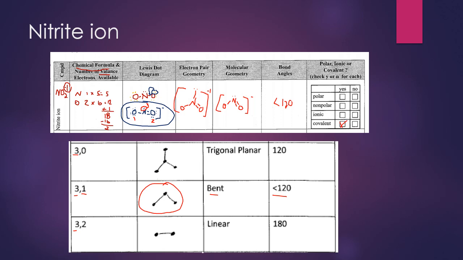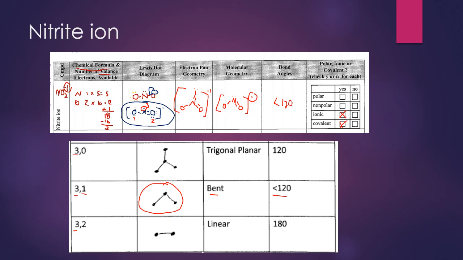The bond between nitrogen and oxygen is a covalent bond. But I'm also going to click ionic. Why am I saying yes to ionic? Because it's a polyatomic ion. It has an overall charge. If there is no charge on it, you wouldn't click that box. You would click no for ionic. And we'll see an example of that next.